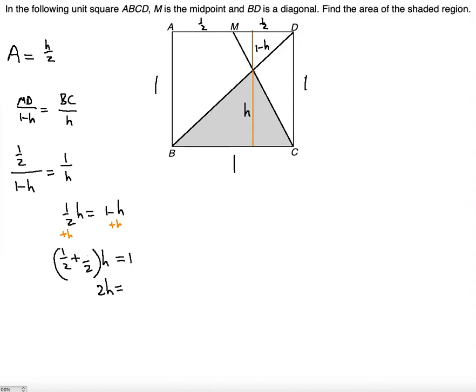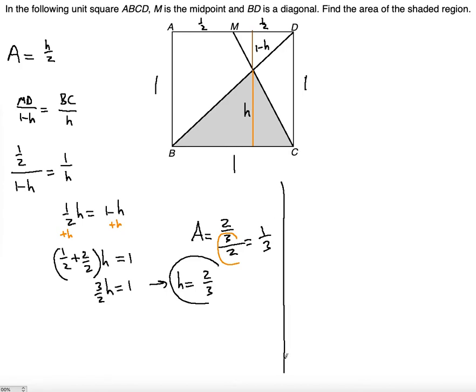So this part is going to be 3 over 2 h is equal to 1, so h is going to be equal to 2 over 3. Since h is equal to 2 over 3, the area is going to be that h divided by 2. 2/3 divided by 2. These two guys multiply, you get 2 over 6, which is 1/3. So the area of this is 1/3.